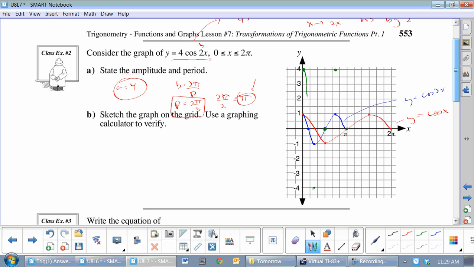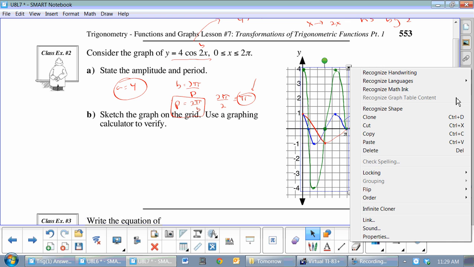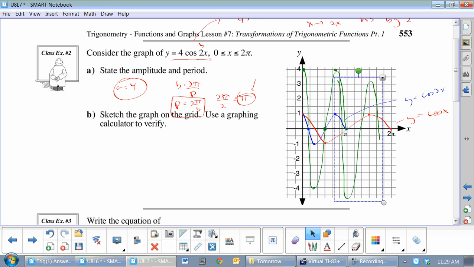So this is what my graph looks like. And if I take this and actually clone it, okay, that should have worked out nicer.